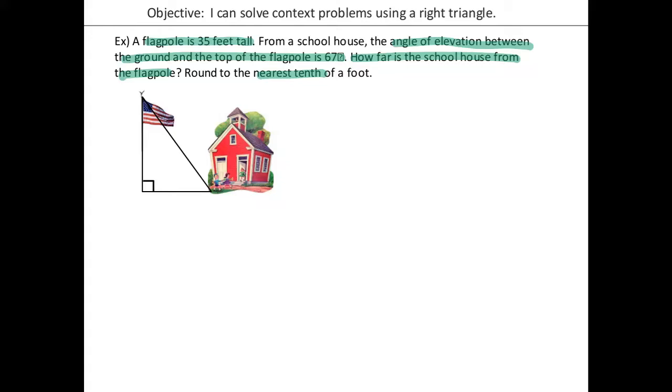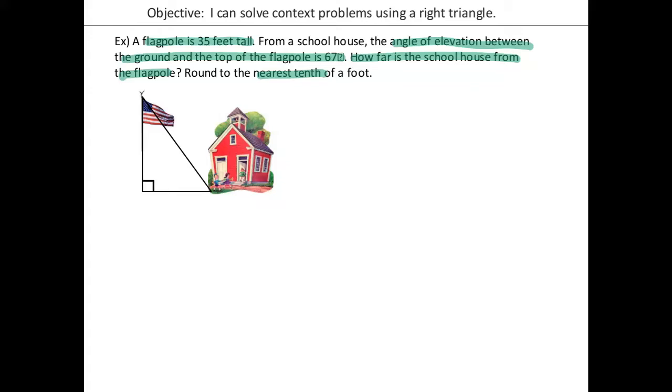Notice my picture has nothing labeled this time. In our last lesson 10.4, we had basically the picture all labeled. All we had to figure out was where does the variable go. In this case, I have nothing on my picture. I had to figure out what my three values are.